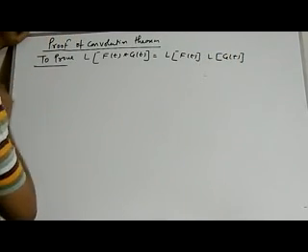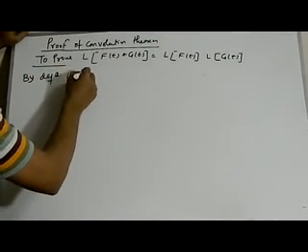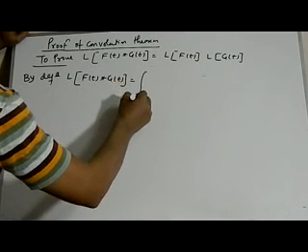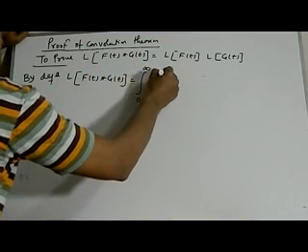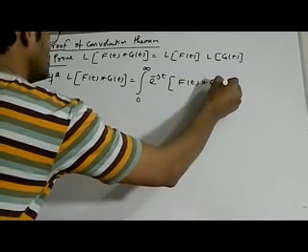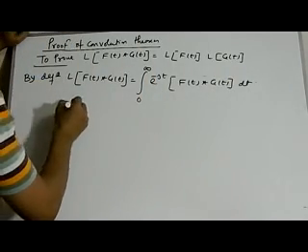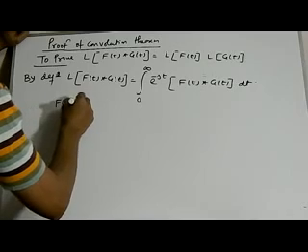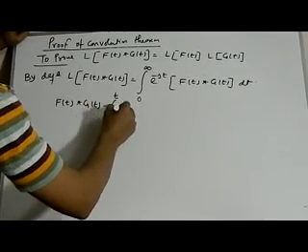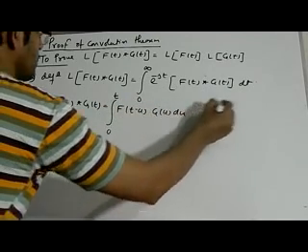Now step 1. By definition, Laplace of f(t) star g(t) will be simply integral 0 to infinity e to the power minus st of f(t) star g(t) dt. But f(t) star g(t) is the same as integral 0 to t f of (t minus u) into g of u du.